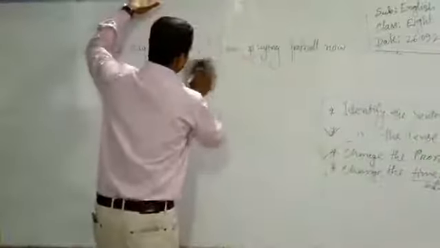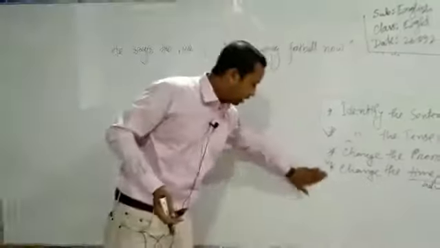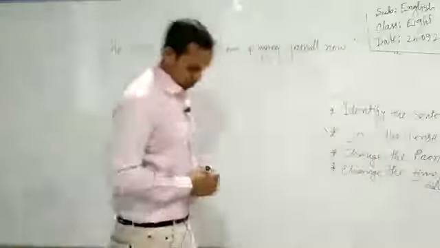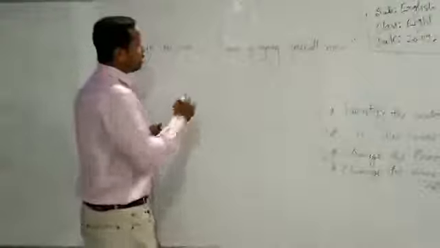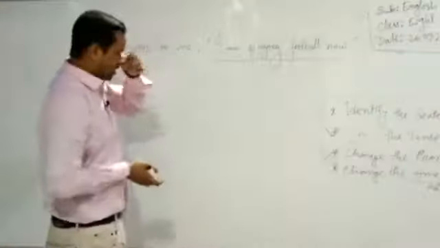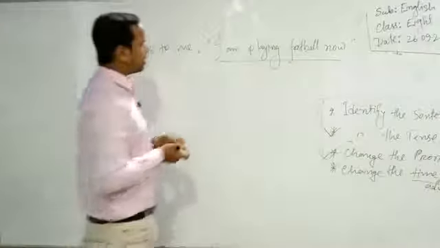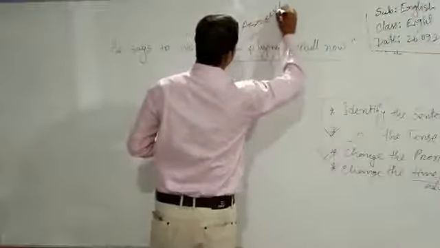So now I will follow these four rules. At first I have to identify what the sentence is. Yes, the sentence is in assertive form, so it's an assertive sentence.